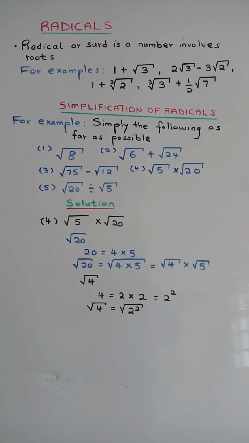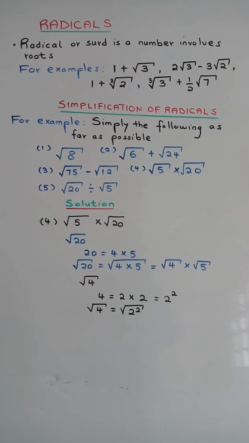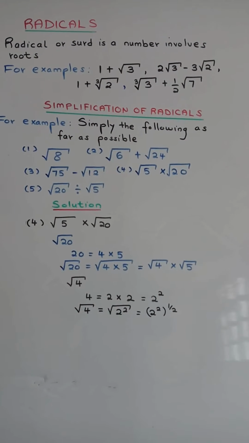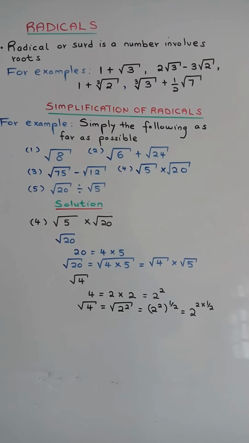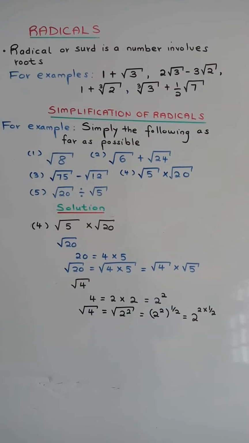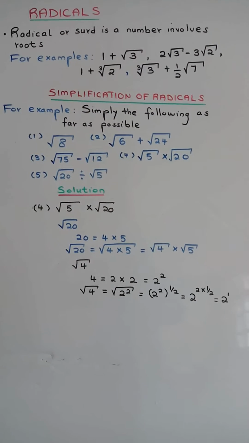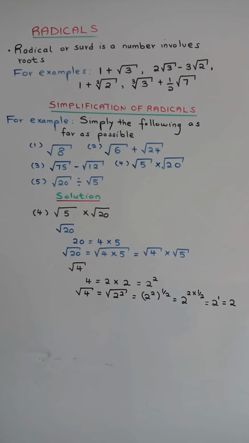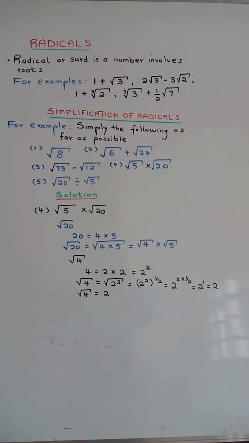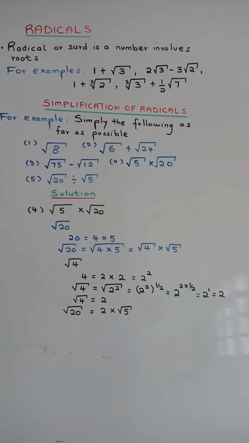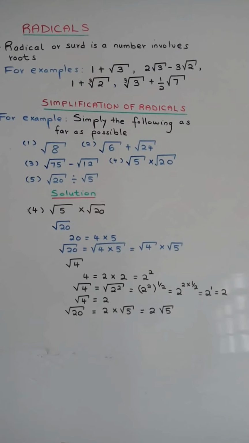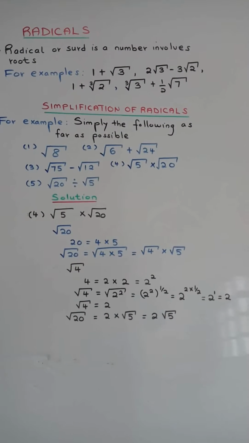So radical 4 is equal to radical 2 squared, which is equal to 2 squared raised to a half, which is equal to 2 raised to 2 times a half, which is equal to 2 raised to 1, which is equal to 2. Radical 4 is equal to 2. Radical 20 is equal to 2 times radical 5, which is equal to 2 radical 5.